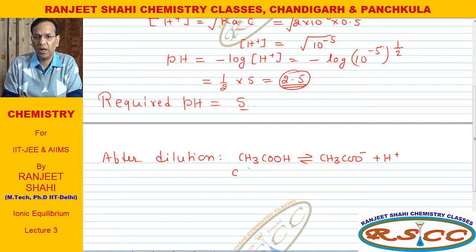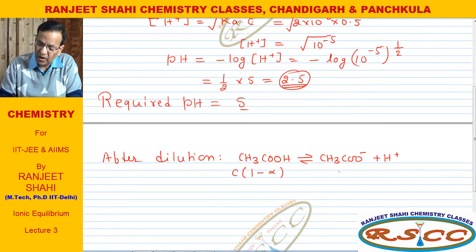That means after dilution, if we consider no ionization of acetic acid, C would be the concentration of acetic acid. So C is the concentration of acetic acid without ionization after diluting the solution. Now if alpha is the degree of ionization, it will be written as C into 1 minus alpha. On the other side it will be C alpha, C alpha.